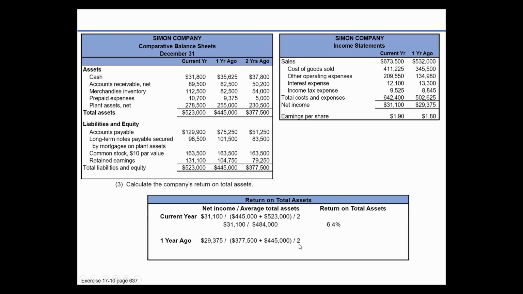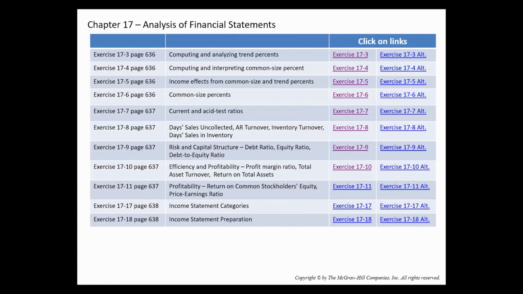Take that, add it up, divide it by 2, and you come out with 411,250. So 29,375 divided by 411,250 is 7.1%.